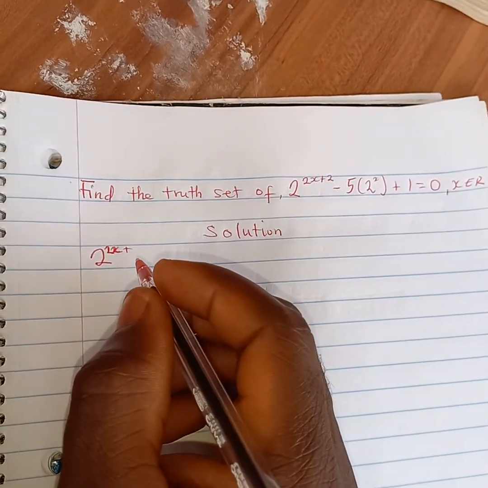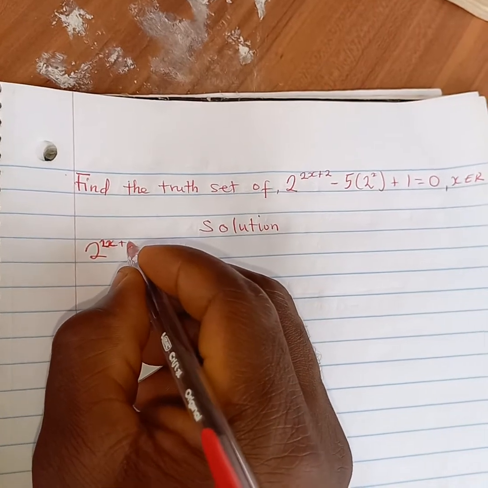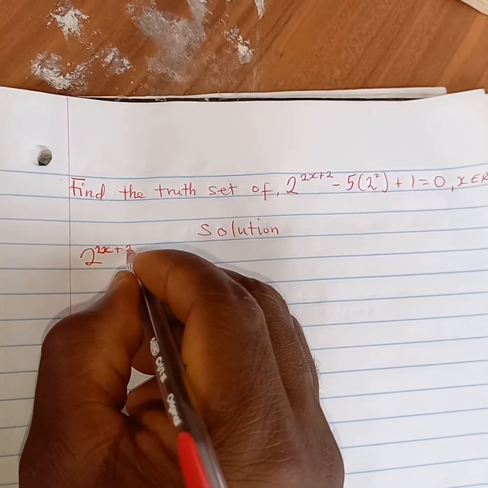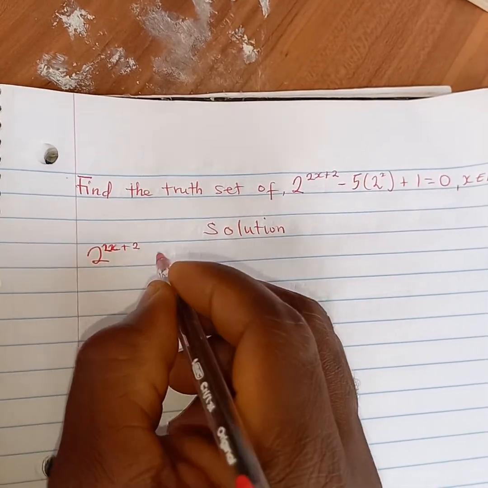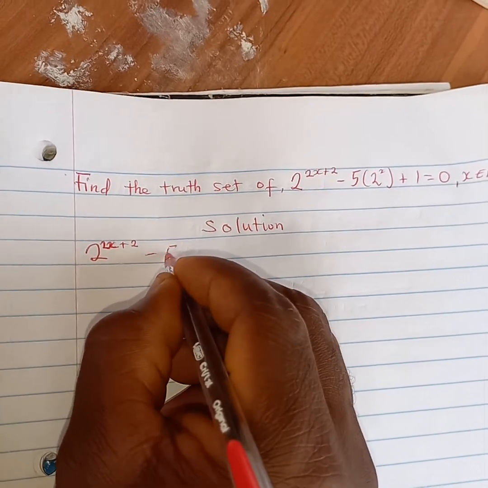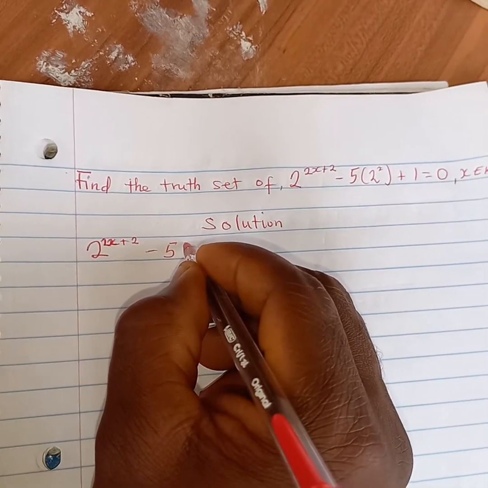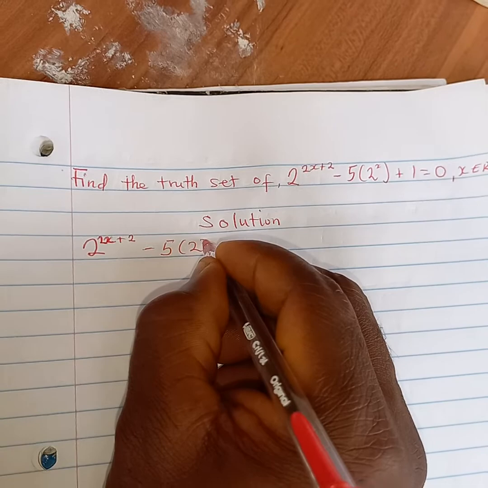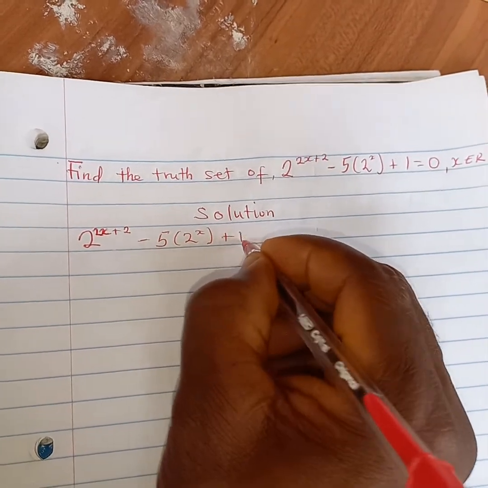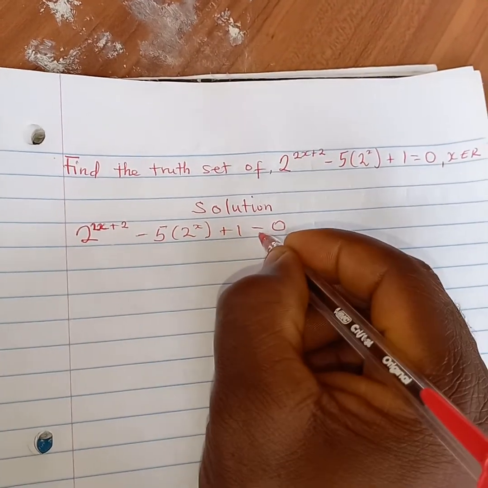We have 2^(2x+2) minus 5 times 2^(x+1) is equal to 0.